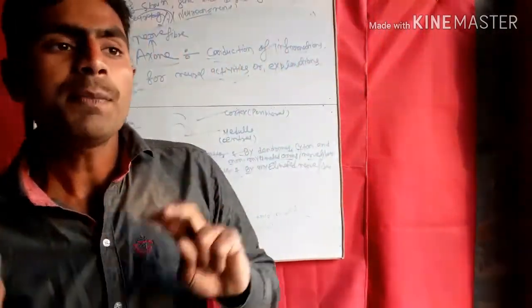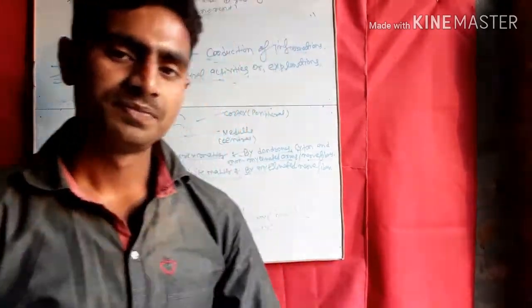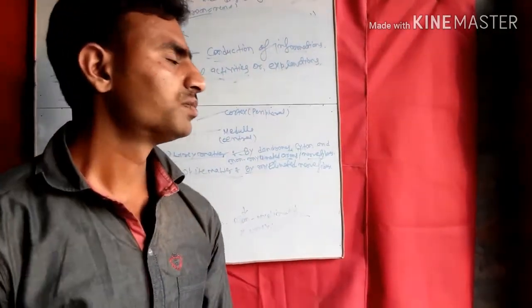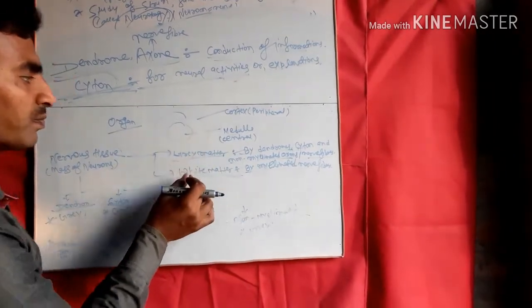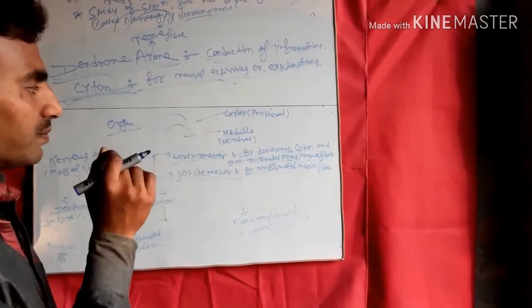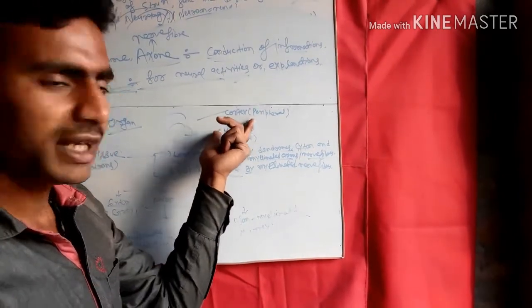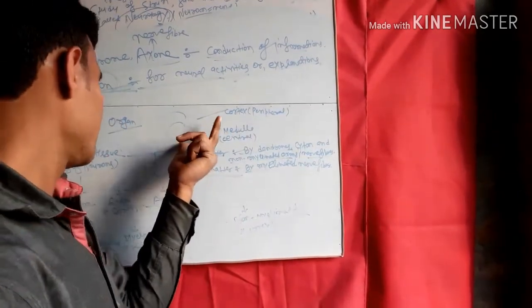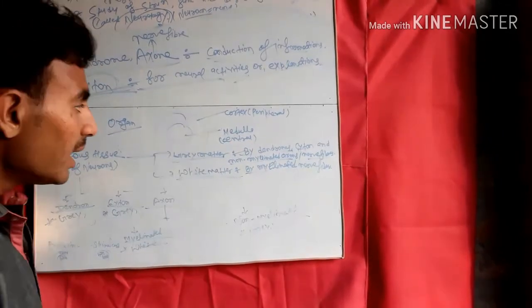If you want to know the difference between the brain and spinal cord, I can tell you. In an organ, the peripheral part is called the cortex and the central part is called the medulla.